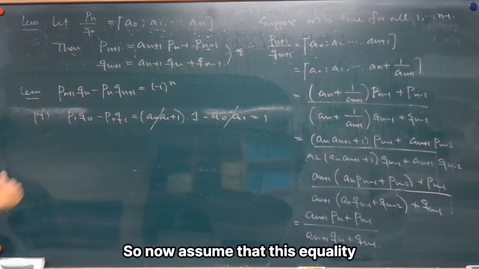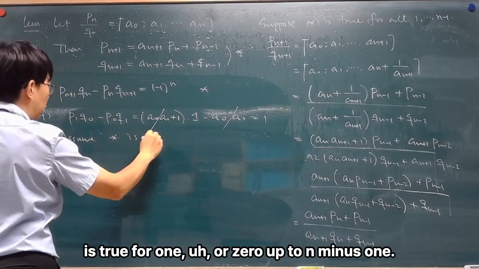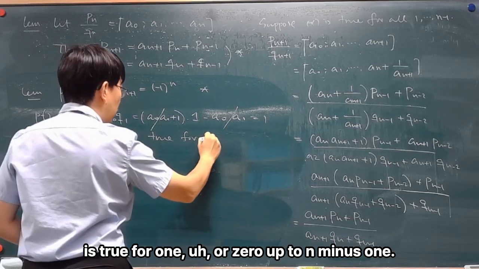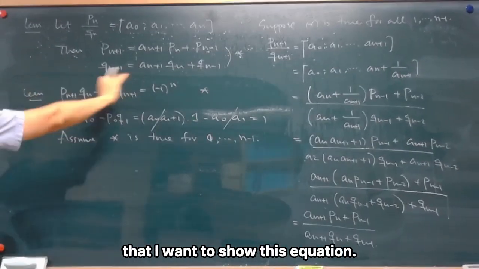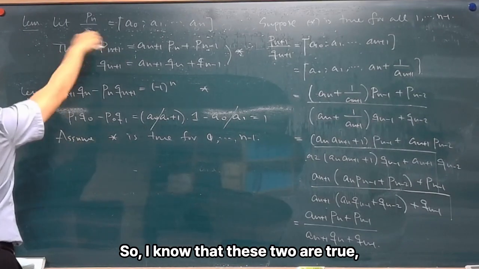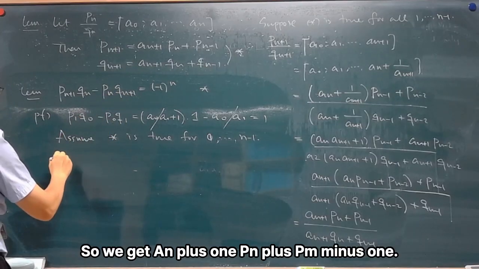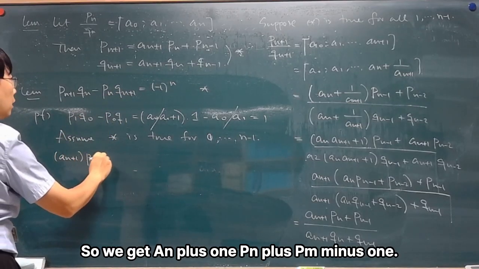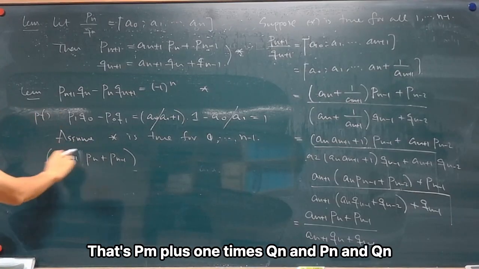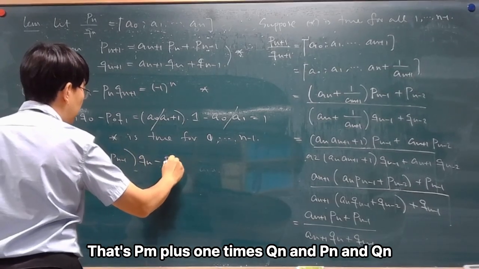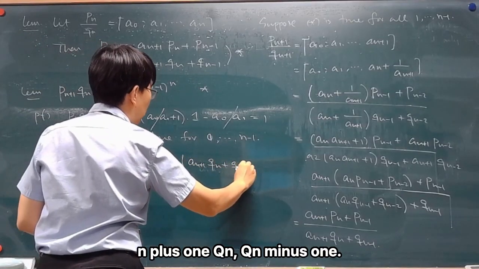It's correct. So now assume that this equality is true for 0 up to n minus 1. And I want to show that it's true for n, which means that I want to show this equation. So I know that these two are true, so I can replace Pn plus 1 and Qn plus 1 with this. So we get An plus 1 Pn plus Pn minus 1. That's Pn plus 1 times Qn, and Pn and Qn plus 1 replaced by this, An plus 1 Qn plus Qn minus 1.